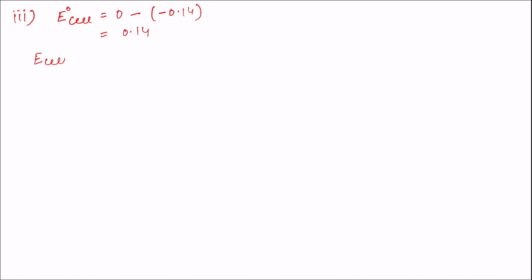Now E cell will be equal to E0 cell, that is 0.14 minus 0.059 by, now the reaction is tin plus 2H+ ions changing into Sn2+ plus hydrogen gas. Concentration of tin ions is given as 0.05 and concentration of H+ ion is given as 0.02.